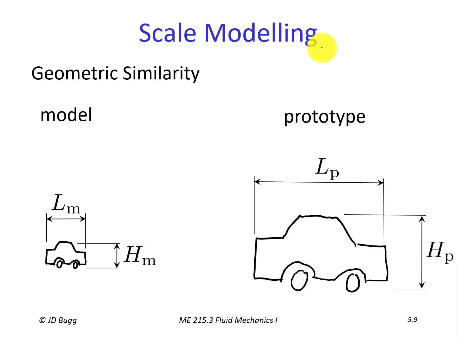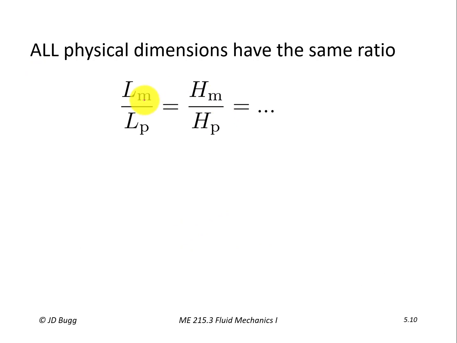Geometric similarity between these things is achieved if the ratio between the model and the prototype of any dimension is constant. So the ratio of the length of the model to the length of the prototype equals the ratio of the height of the model to the height of the prototype, equals any other dimensions of the model and prototype that we want to list here.